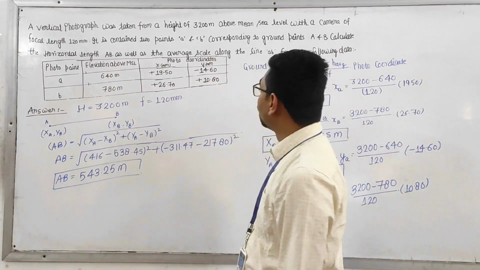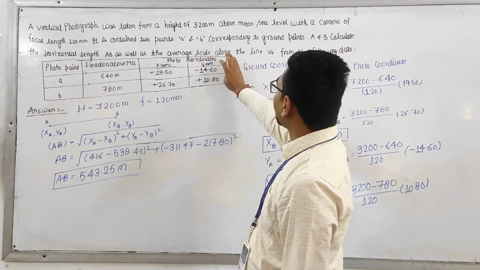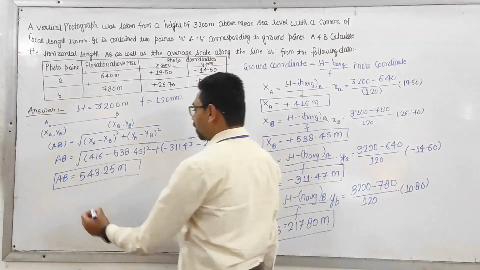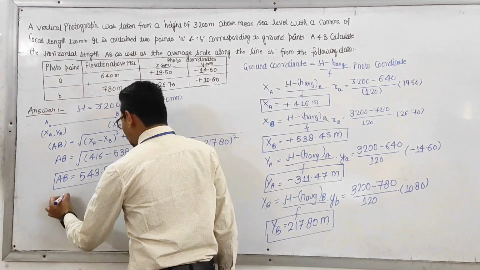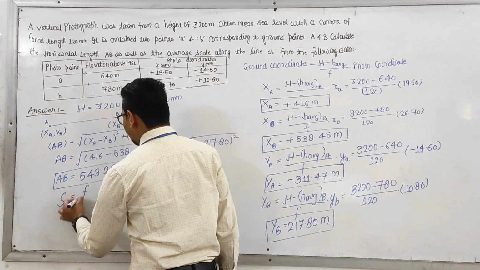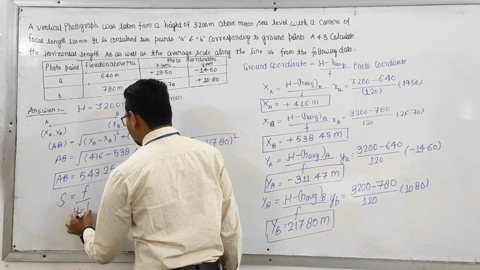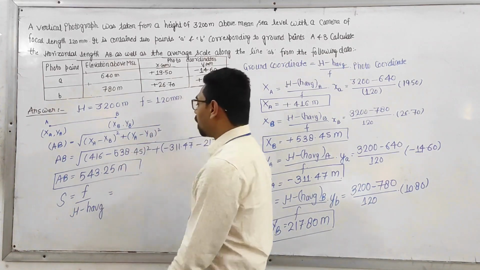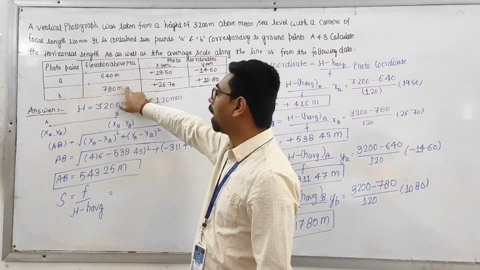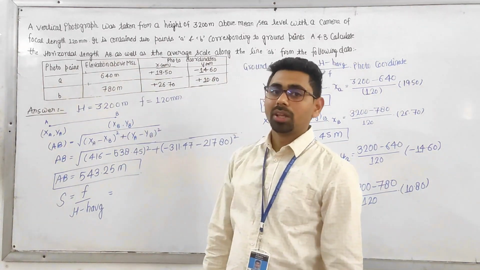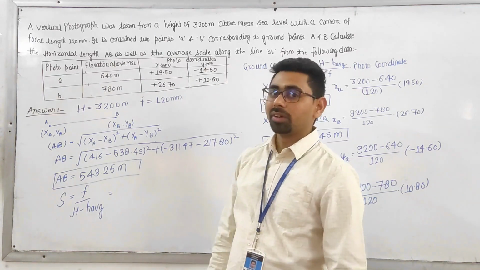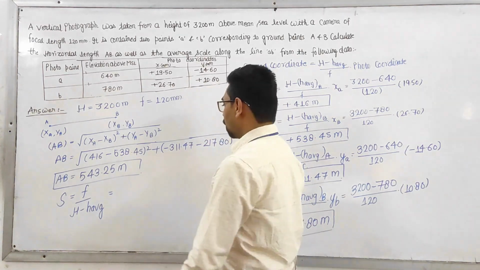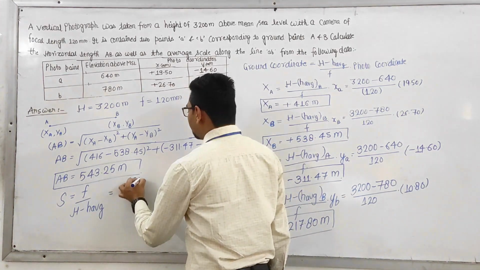In the question, we are asked to find the average scale also. We know that the formula of scale is equal to focal length divided by H minus h average. We have two elevations, 640 and 780 meter. If we take the average, we get the h average value. Focal length is 120 mm.